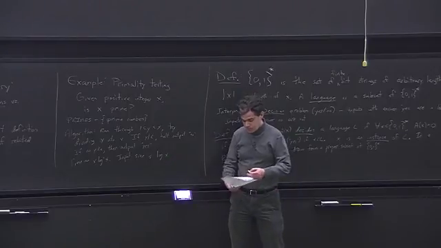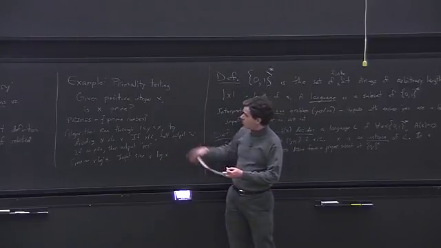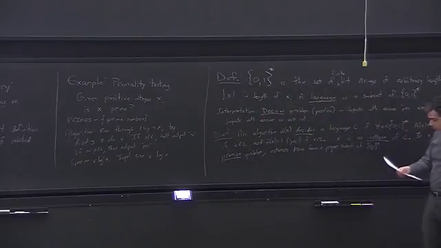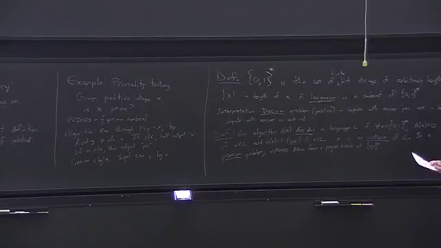Okay? In fact, there are much better algorithms for primality testing, which I'm not going to go into. But this is just to give you an example of the sort of calculation we want to do.